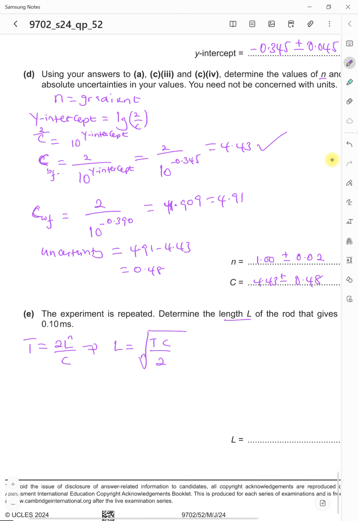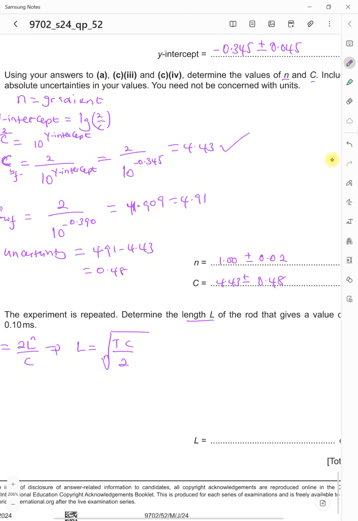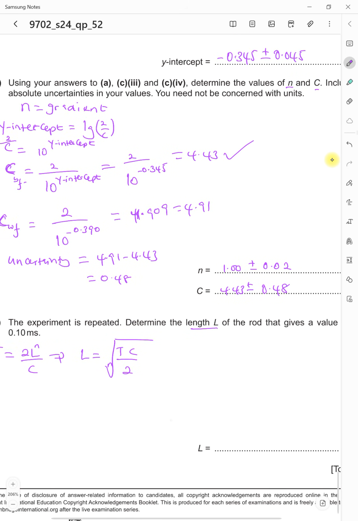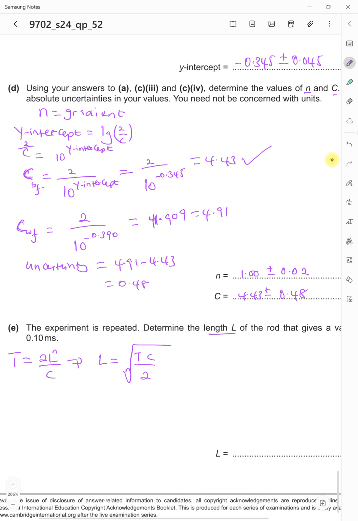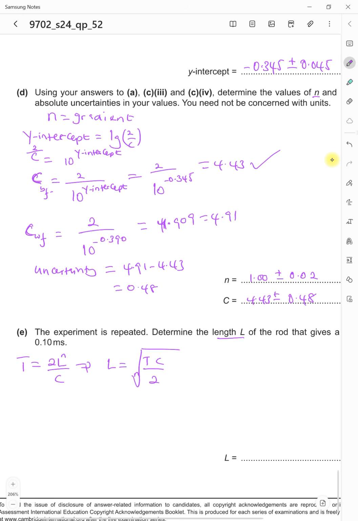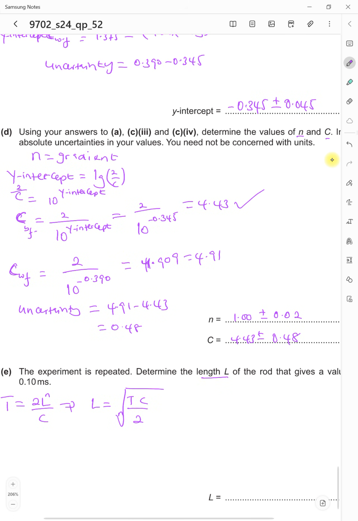Of course, we know N, and N was the gradient. The units of T and C must be matching for us to be able to substitute them here. And C was from the y-intercept, log of 2 over C. So I have to make sure that the units of C are matching.